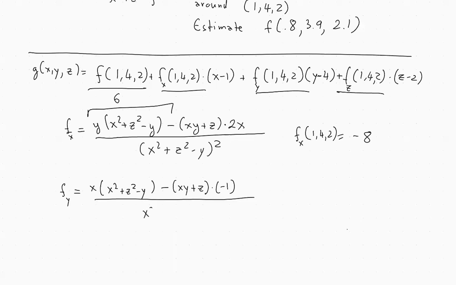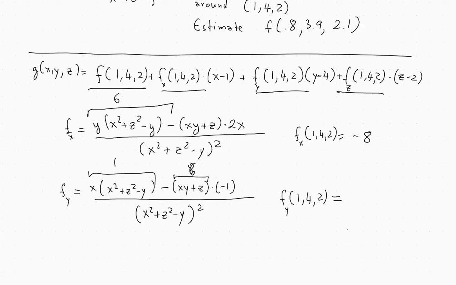And this will give us that f sub y at (1, 4, 2) is equal, again, let's do our computation. This whole thing is 1, right? And then you have this thing that is 8. It's not 8, it's 6. Sorry about this. 6. And you have two negatives, so that should give you a 7.